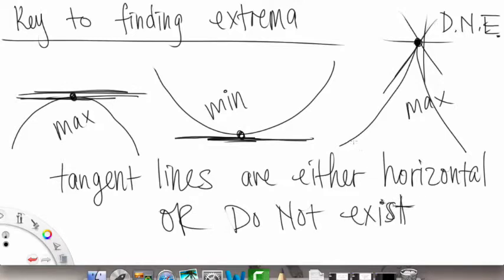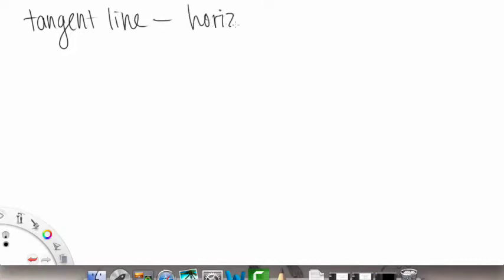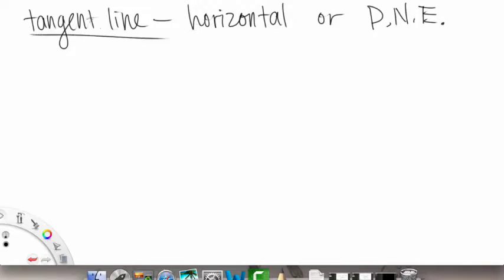So now that we've found this, we can extend that to what we know about our calculus knowledge so far. So when the tangent line is horizontal or does not exist, let's see what that means. The tangent line is related to, well, the slope of the tangent line anyways.